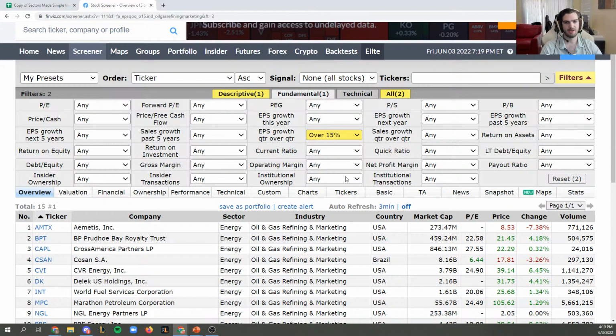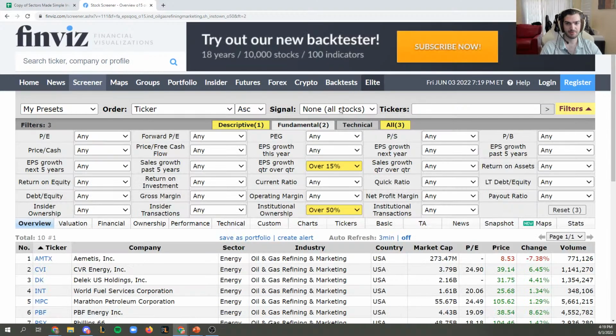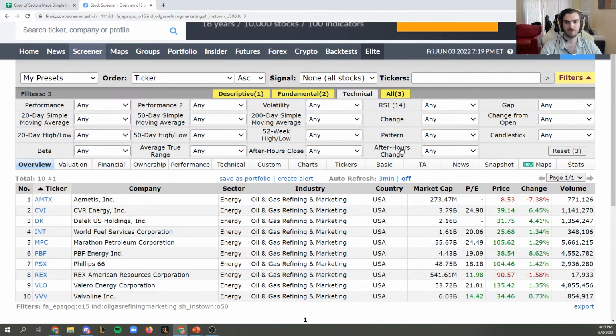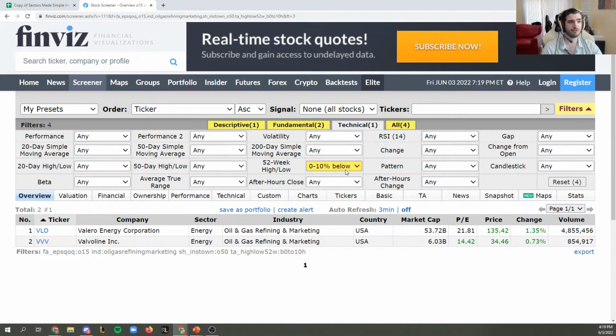We can add here institutional ownership. We can also add that the price is within 10% of its high for the year. These are fundamental analysis and one technical analysis pieces of information that are tried and true and have performed well over the past 20 years, but not the topic for today.